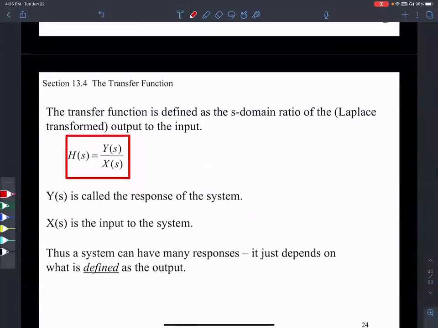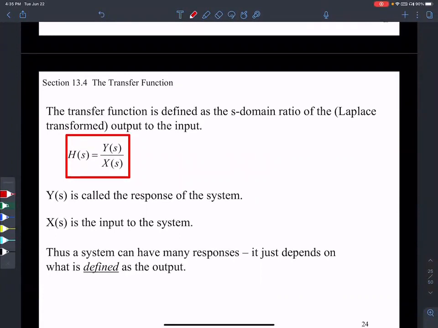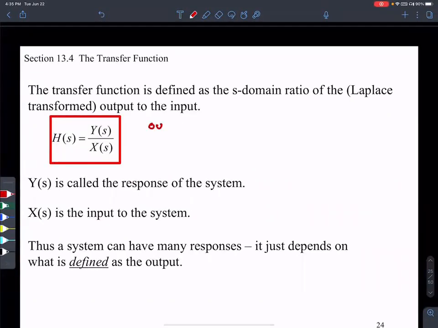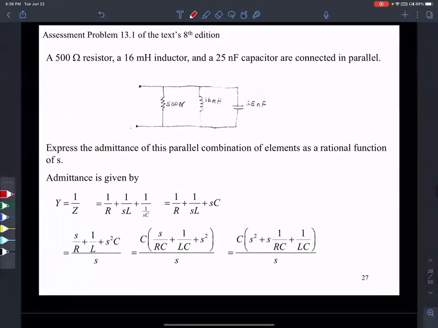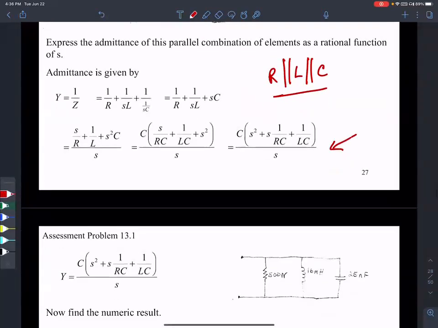The transfer function is simply the output response, in the S variable, over the input, as a function of S. When you massage your equations, if you have a circuit that looks like this, a parallel combination of R, L, and C, then you can calculate the impedance, which is the parallel combination of R, L, and C. You get an expression for that, and 1 over that is the admittance.